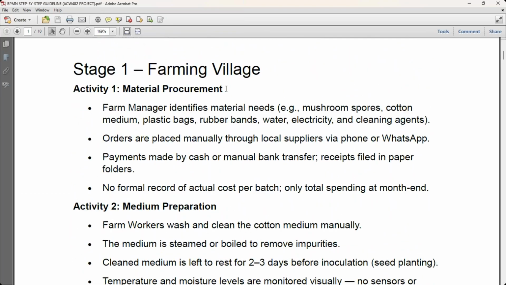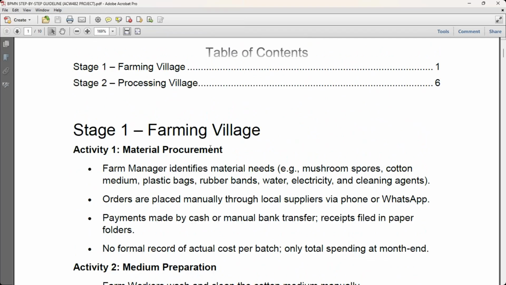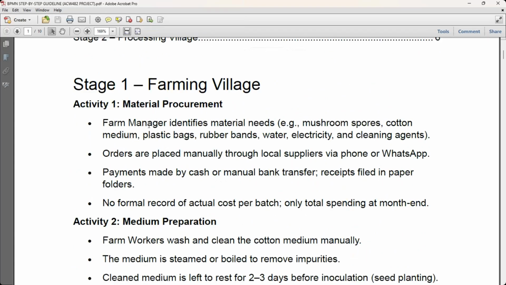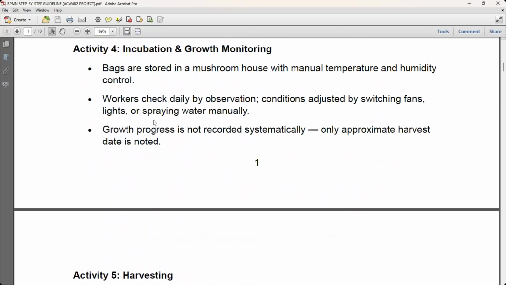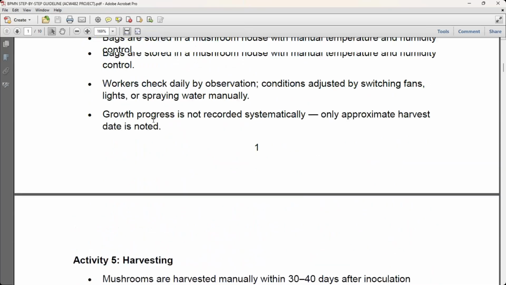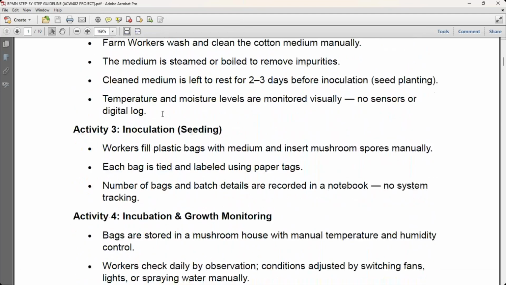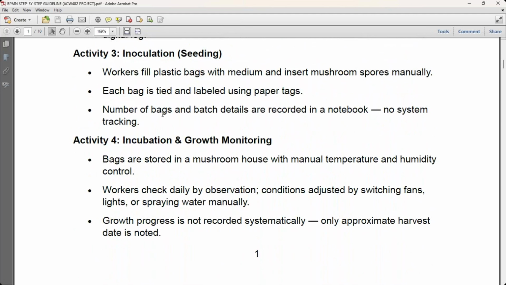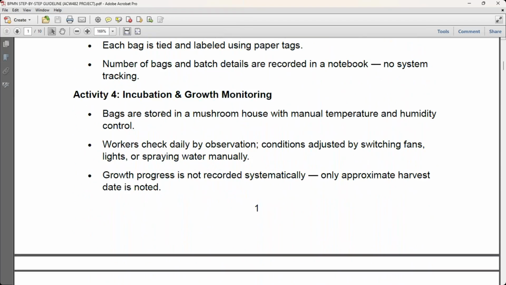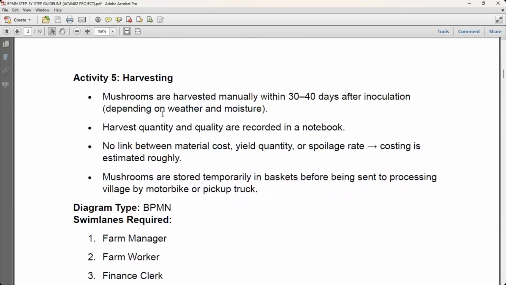If you remember the data flow diagram, level 0 is the farming process. Then in level 1, we can see that it goes down into these five activities or processes: material procurement, medium preparation, incubation, and then harvesting.